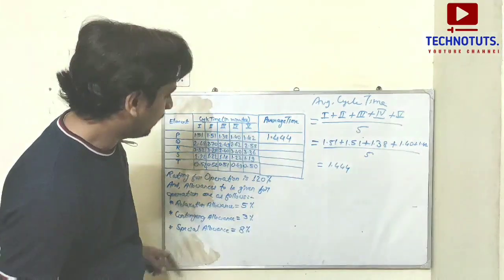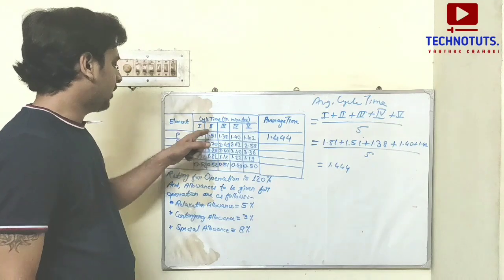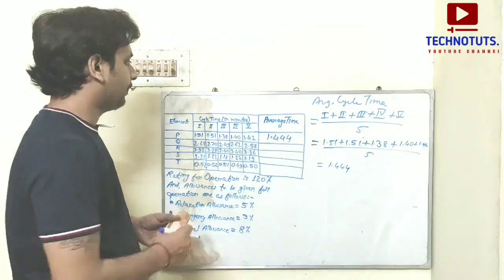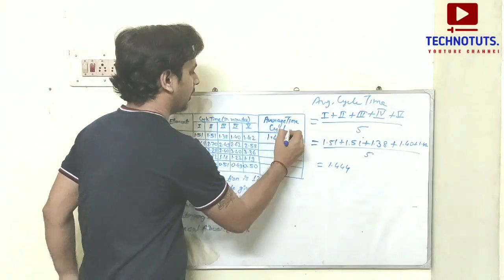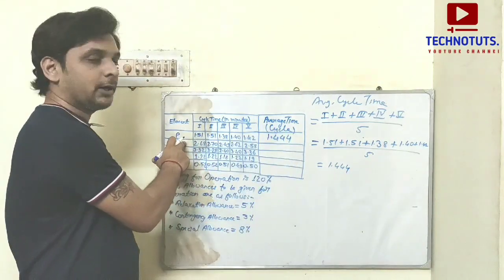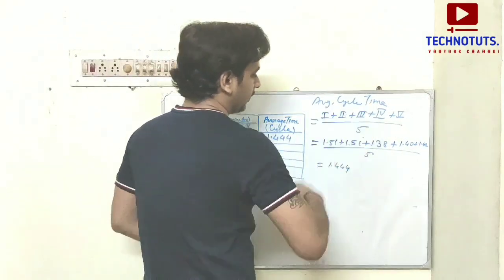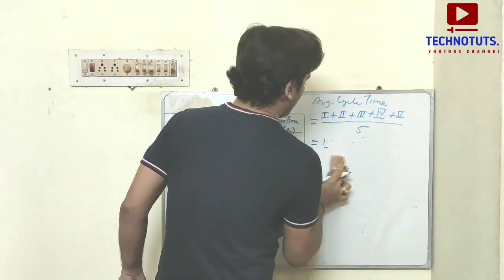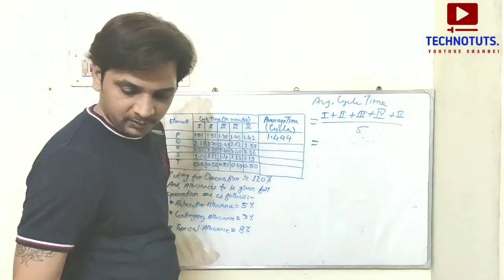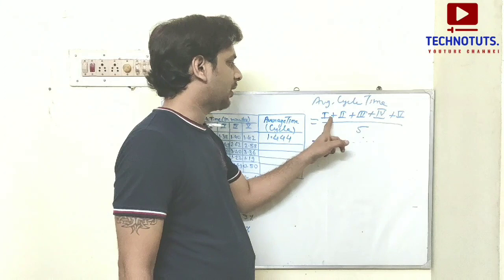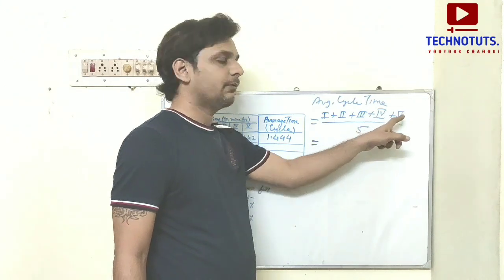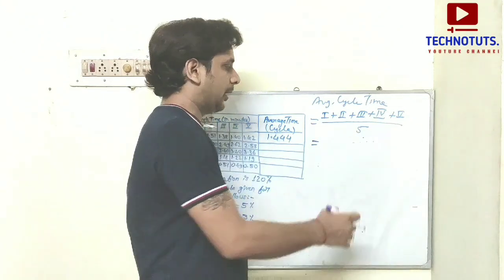Okay friends, now let us calculate the average cycle time of element Q. It is by the same formula: first, second, third, fourth and fifth cycle times, summation of all these divided by 5.